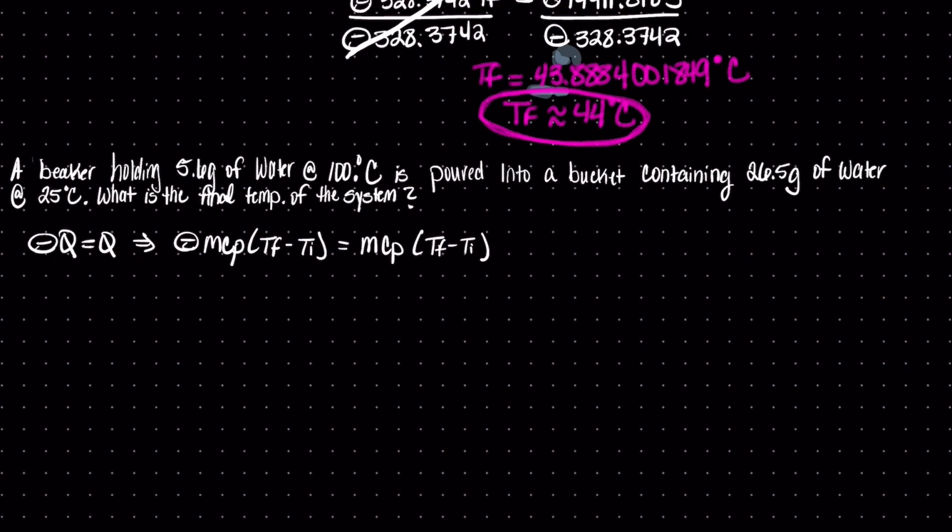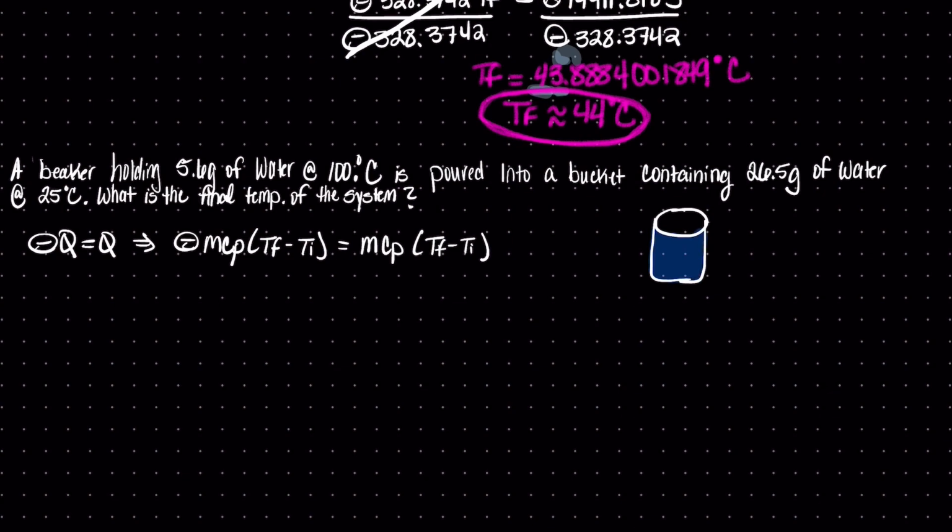Draw it out. It says a beaker holding 5.6 grams of water. So I'm gonna draw myself a little beaker. I'm a scientist, not an artist, so bear with me here. I know, but I can make it pretty though. Whee!